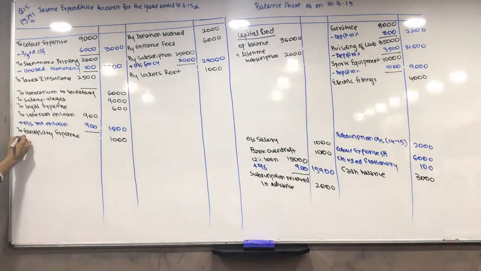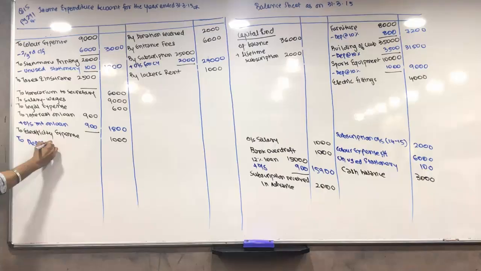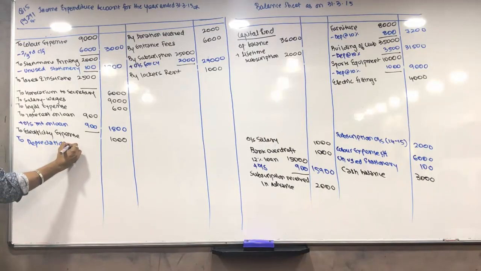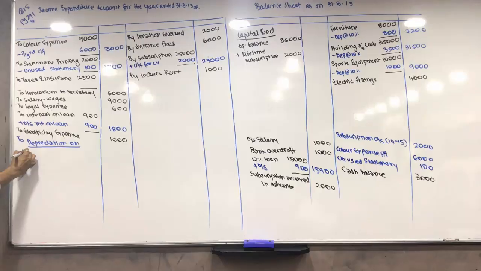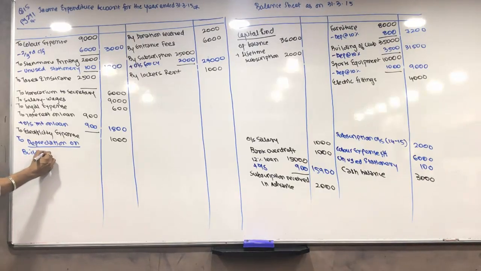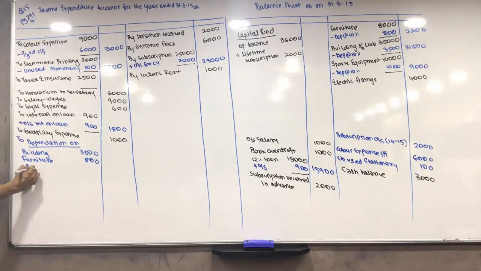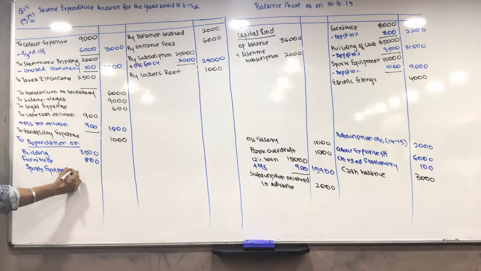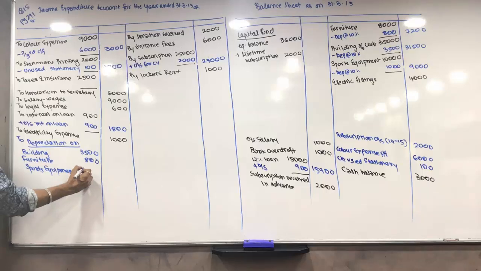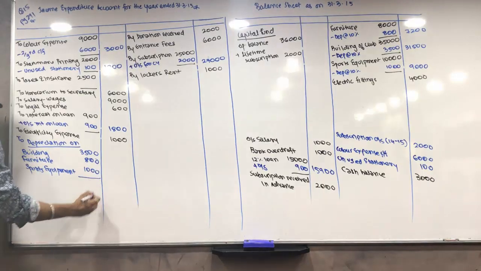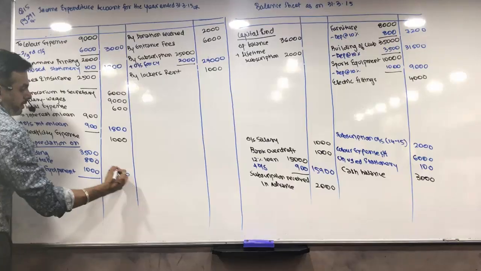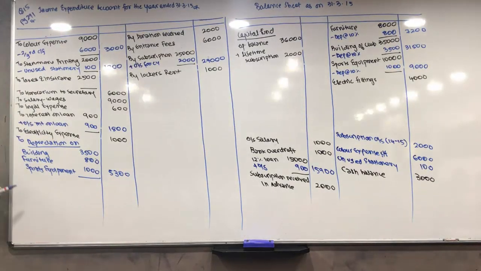Second effect, depreciation on building 3,500, furniture 800 and sports equipment 1,000, total 5,300. You may write them separately also, it's fine.